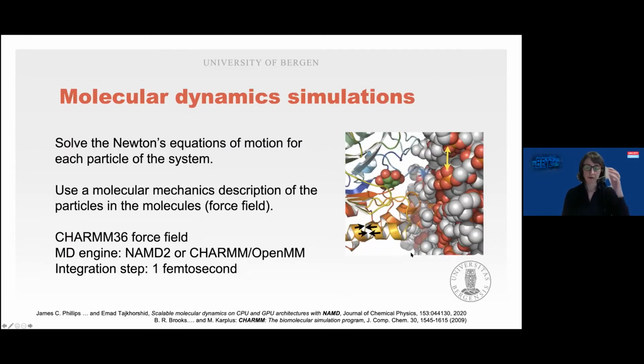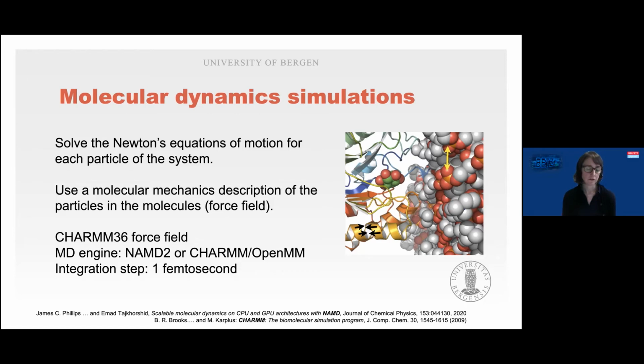We use molecular dynamics simulations, which is, I think, the best tool for exactly that type of problem, which actually solve Newton's equations of motion for each particle of the system. We use a molecular mechanics description of the particles in the molecule so that we can calculate the forces between the different particles. And we use, in general, the CHARMM36 force field.